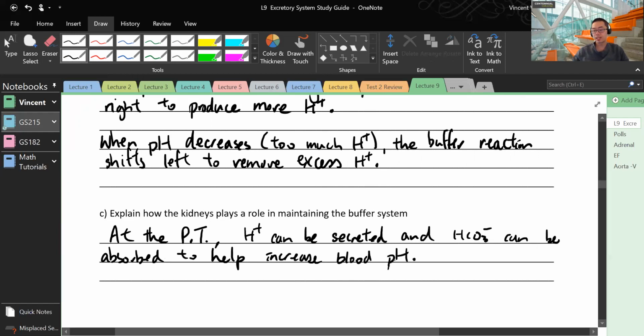So if your blood is too acidic, then this is going to be happening. If it's not too acidic, then this is going to be happening less or not happening at all.